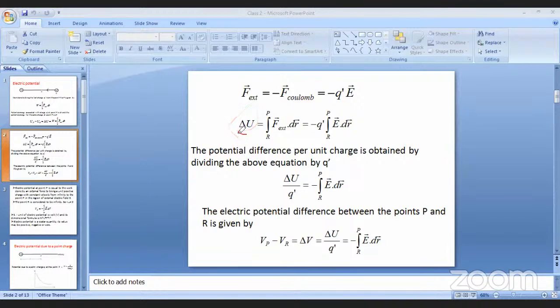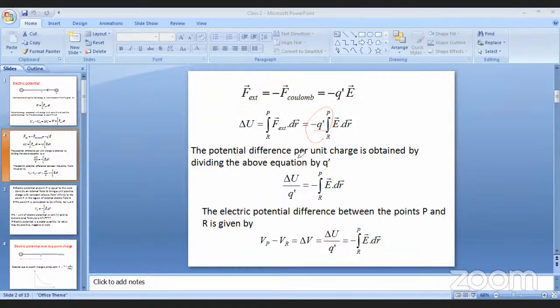So the difference in potential energy between the points P and R is given by this equation. And now the difference in potential between these 2 points P and R is given by dividing this equation by the test charge. The potential difference means you have to divide the potential energy by the test charge value.